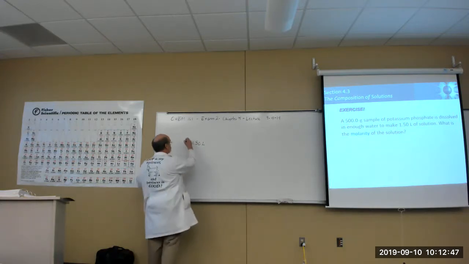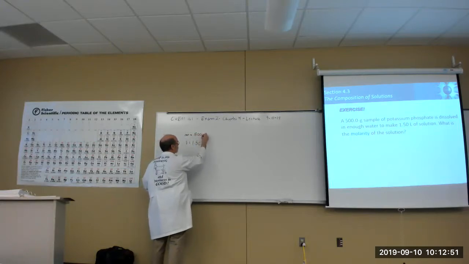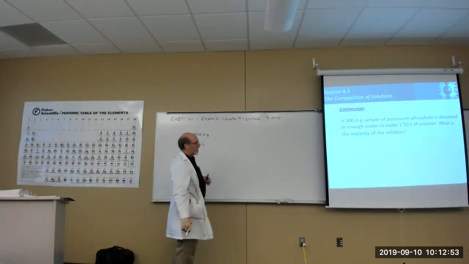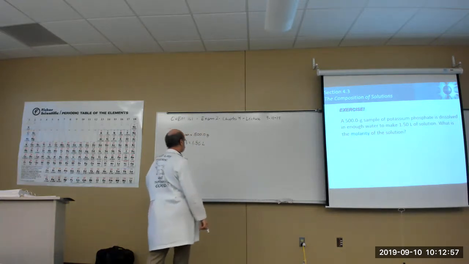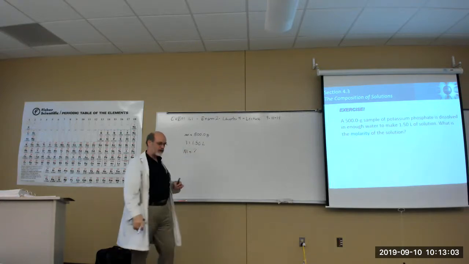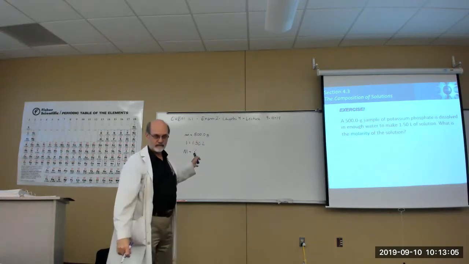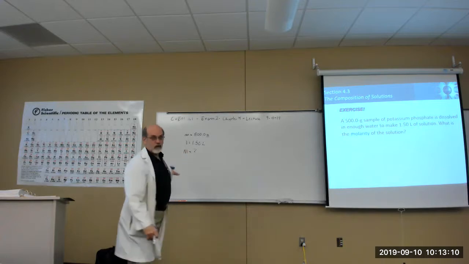We know what the volume is. We know what the mass is. It's 500 grams of potassium phosphate. So what we want to know is, what's the molarity? Can we do that with this information? Well, not directly, because we don't have any moles.